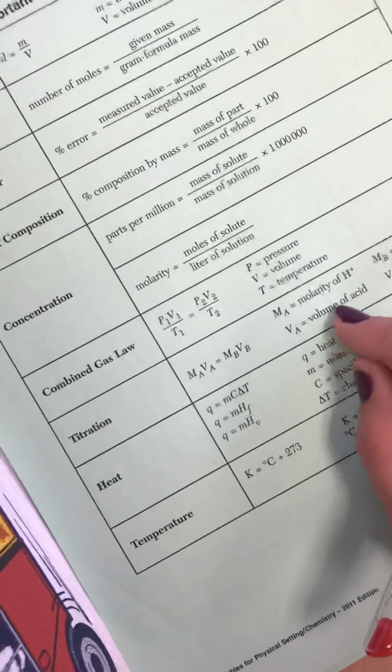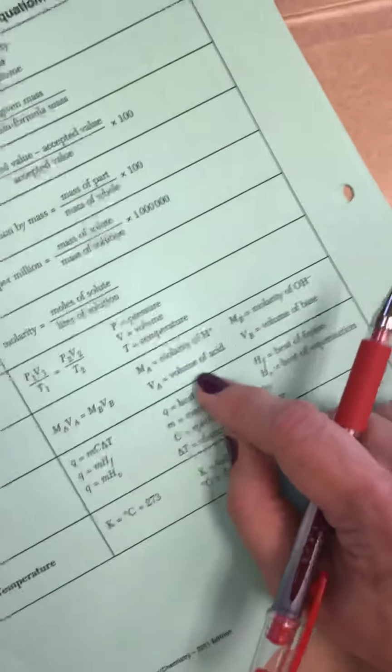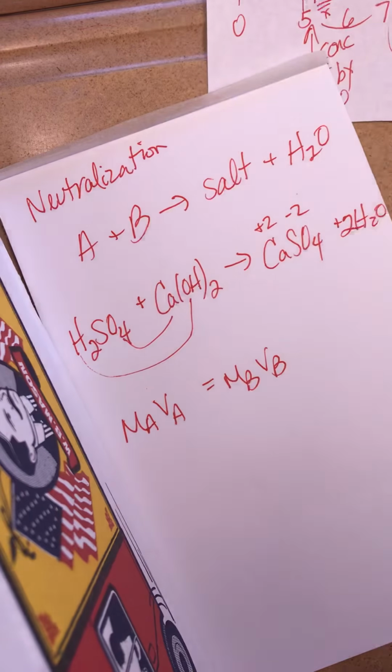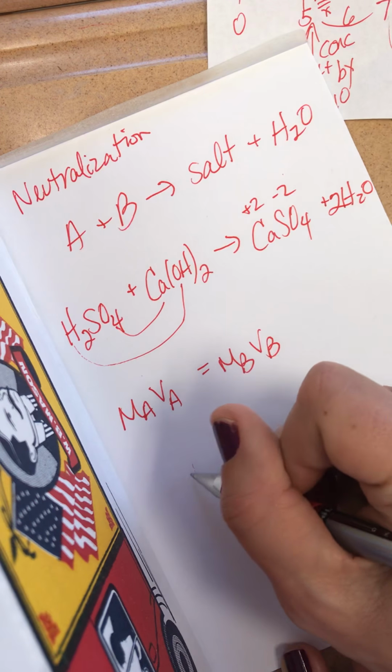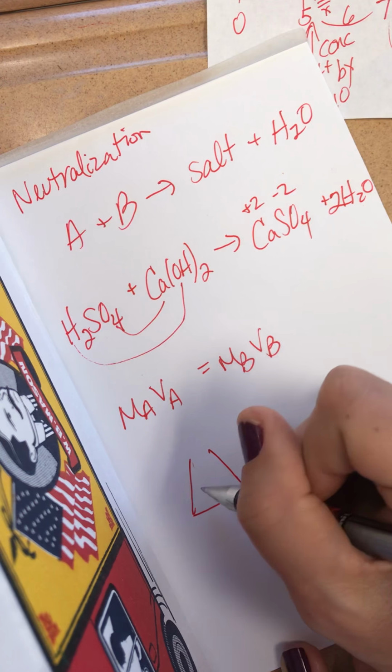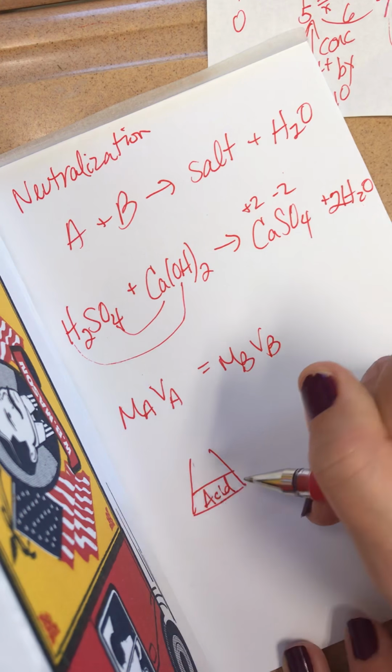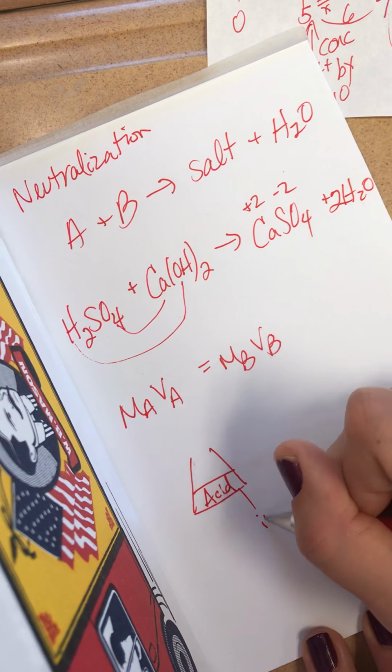MA is the molarity of my acid, VA is the volume of my acid, MB is the molarity of my base, and VB is the volume of my base. So I could do a reaction like we did in lab. In the lab, you had an Erlenmeyer flask, and in here you had an acid. You used vinegar. And you put an indicator in here.